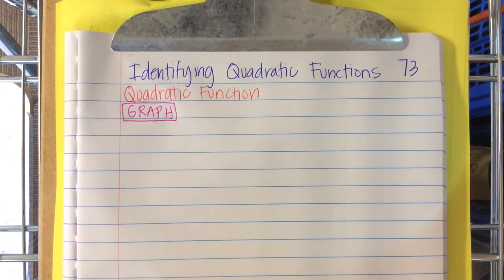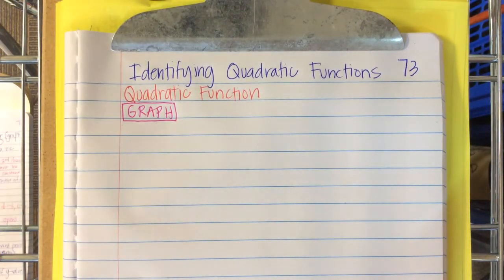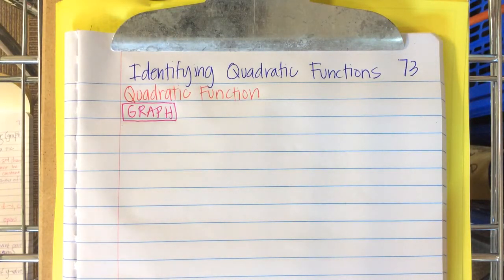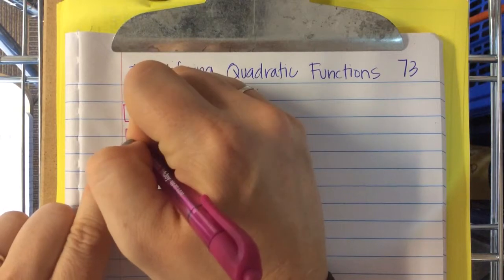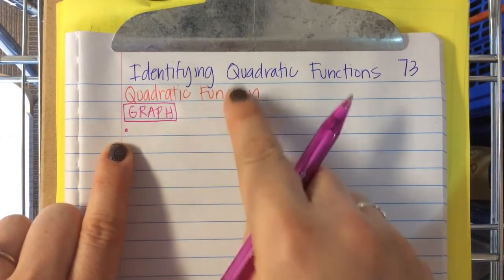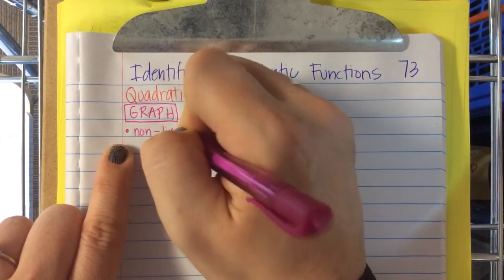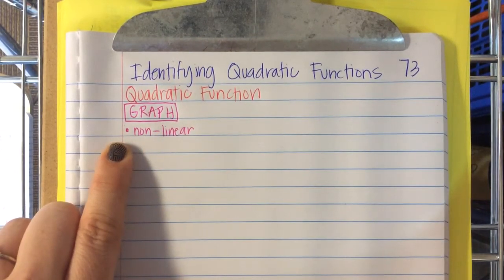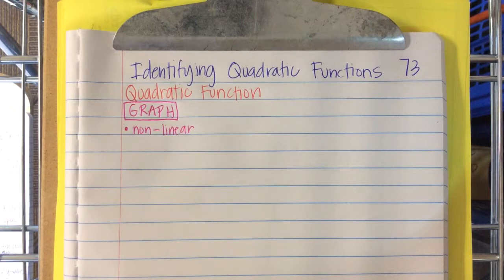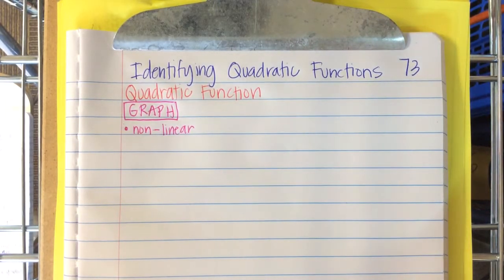You may have a graph, and you're going to say, yes, that's quadratic, or no, it's not. Well, a quadratic function is non-linear. The graph must be non-linear. What does non-linear mean?